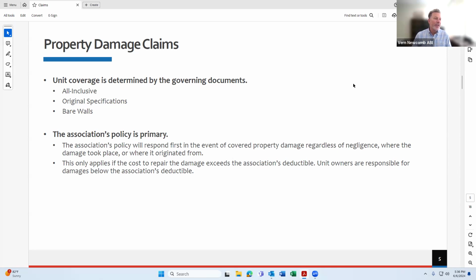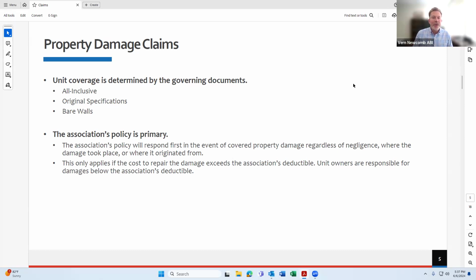In the association world, there are 3 types of coverages for a condominium association. We have all-inclusive, which provides the most coverage for the unit owner. That includes not only the common area and the limited common area, it covers the unit, and it also covers any improvements made to that unit by the current or past unit owner.